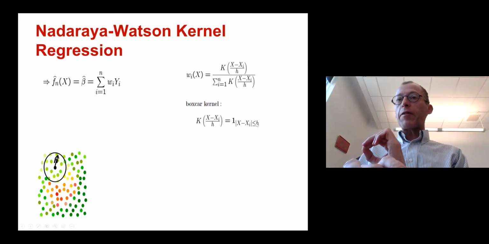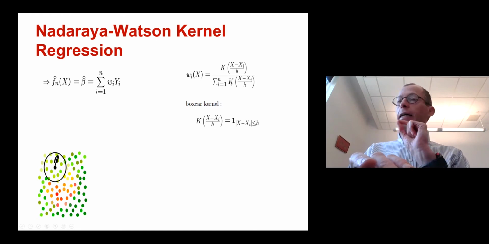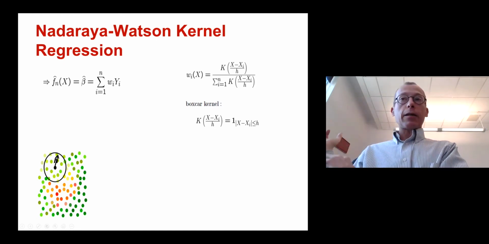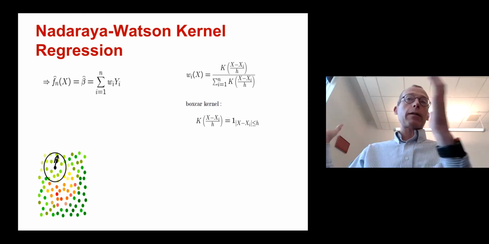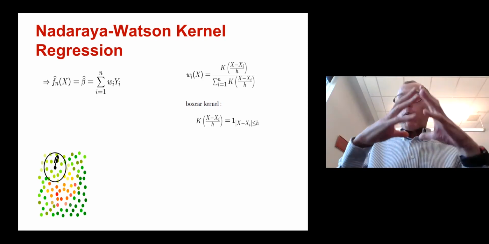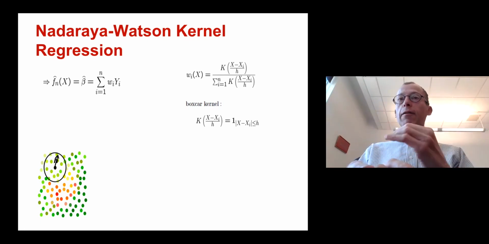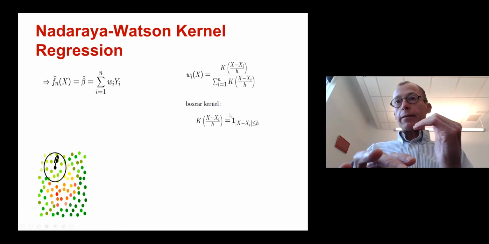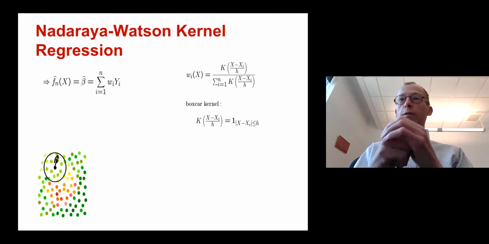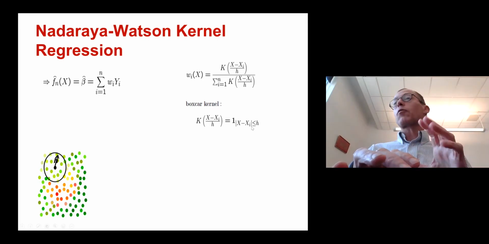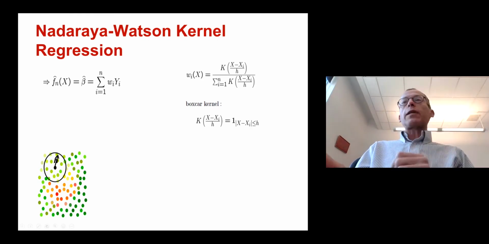We have some fixed ball defined by h. So that's a different kernel than KNN. KNN is another kernel, and if you want to use KNN as a kernel, that's fine. But then the balls that you get will be a function of the density in your area. Boxcar is fixed size, although of course the points change, but the size is fixed regardless of where the point is. So both of these are possible kernels.